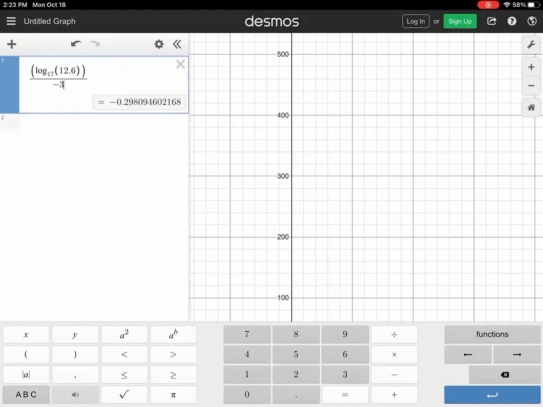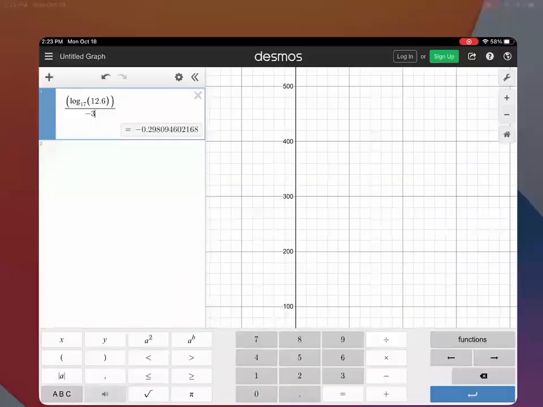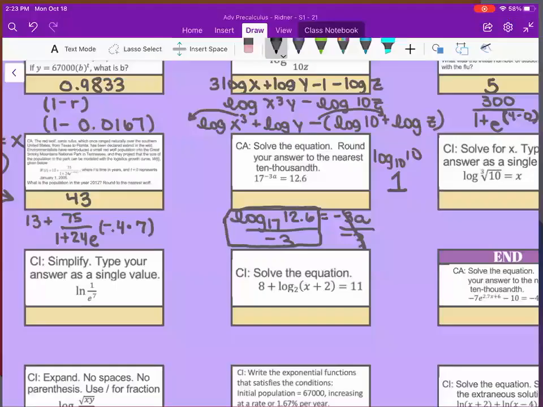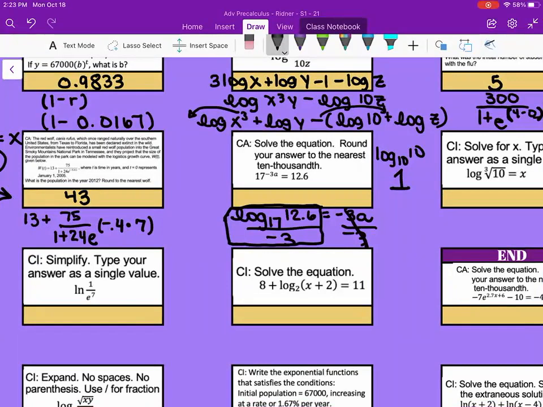And so that is your answer. And the question said to round to the nearest 10,000th. So that is 4 decimal places.